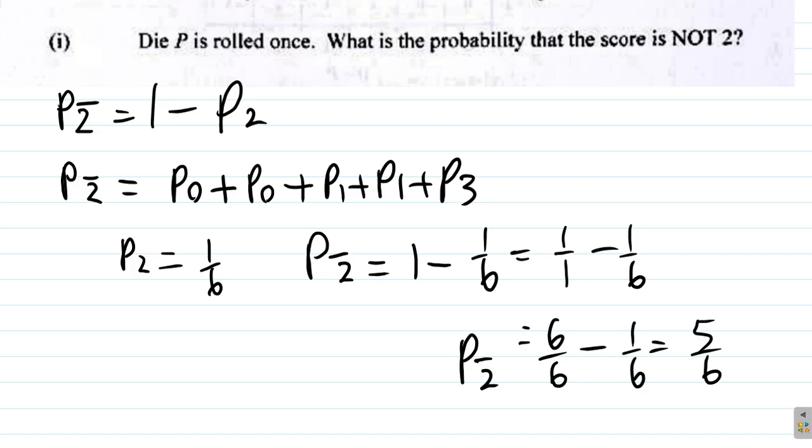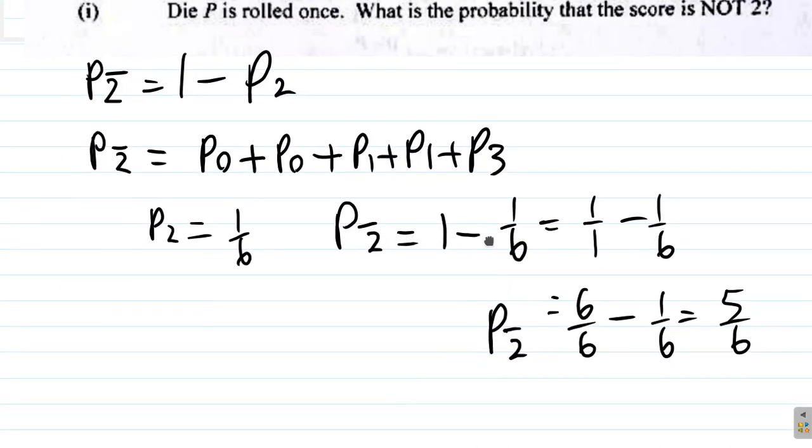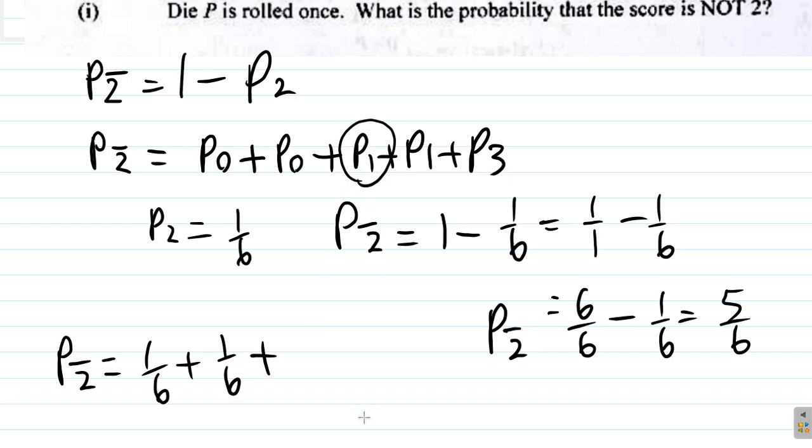Now, suppose you consider the probability that it is other things. The probability that it is not 2 is the probability of a 0, that's 1/6, plus the probability of a 0, that's 1/6, plus probability of this 1 here. Oh, why did I write 1/2? 1/6. Plus the probability of this is 1/6, or the probability of this is 1/6, or the probability of this, which is 1/6.